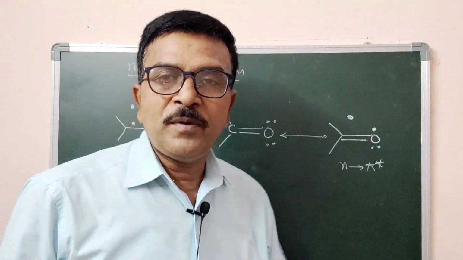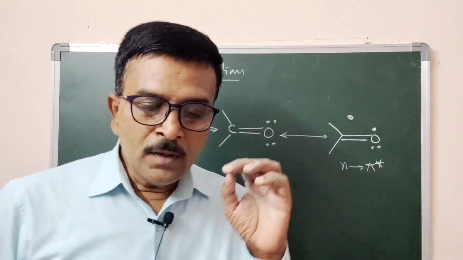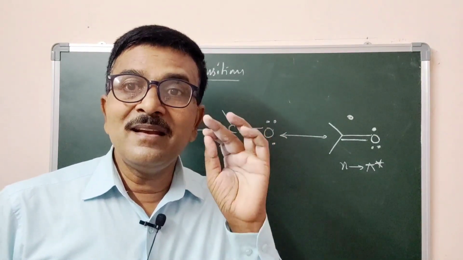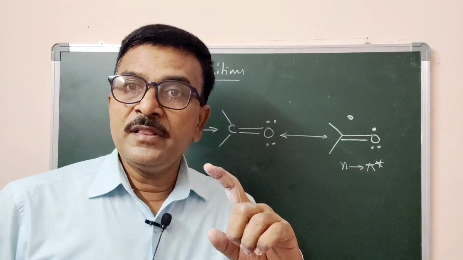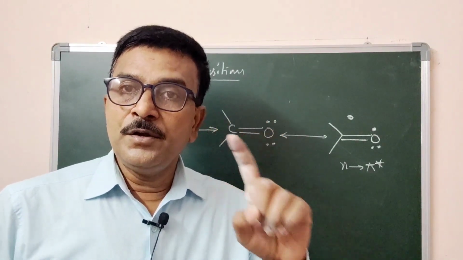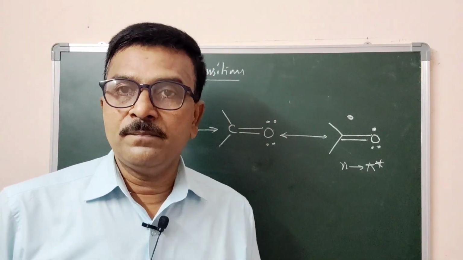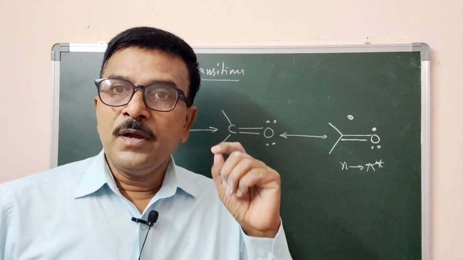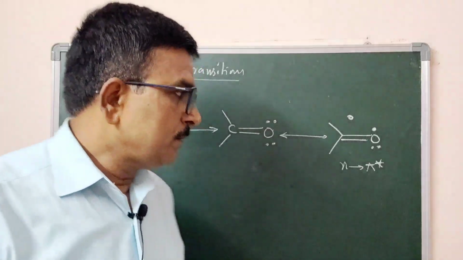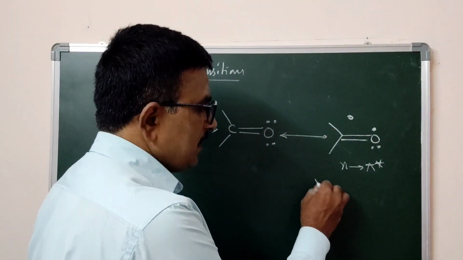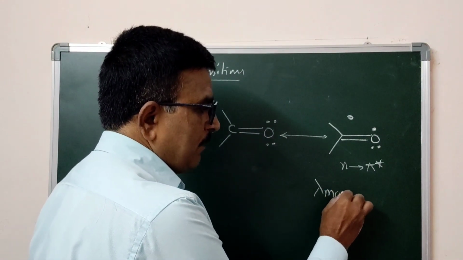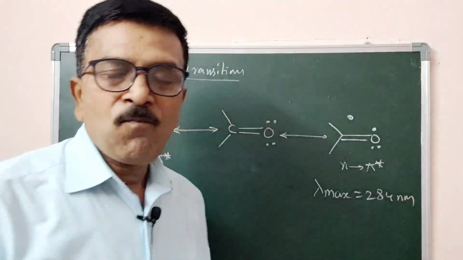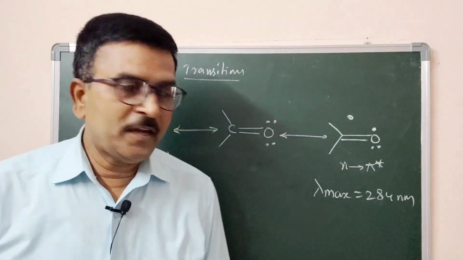Now coming to n to pi star transition, the energy required for n to pi star transition is least when compared with sigma to sigma star, n to sigma star, and pi to pi star. Are you following? And this energy is available, that is, lambda max is approximately 284 nanometer.